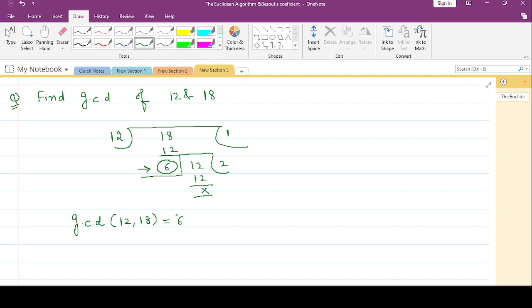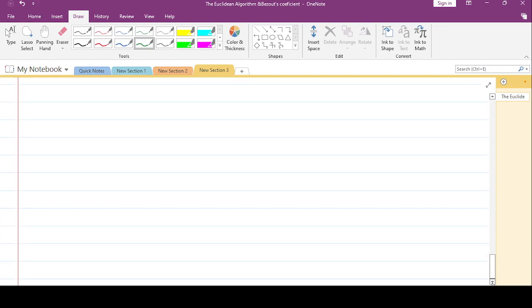But next we want to learn how to write our GCD as a linear combination of given numbers. So see this result.